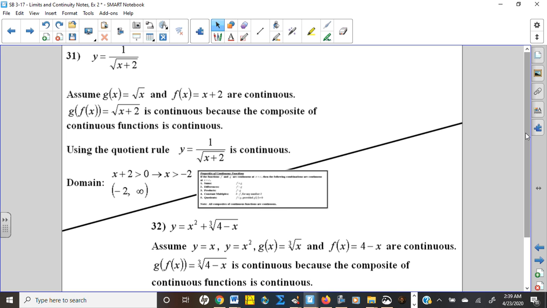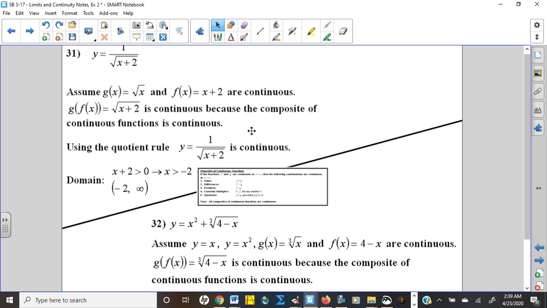As far as the domain goes, the original function could not have any values less than -2 because of the square root, and that domain has to follow that function into this new composite function. We still have a domain which can't have any values less than -2. In this case, we can't even have -2 anymore because it's in the denominator now. That becomes an issue. When we divided 1 by our new function, we can't have zeros in the denominator.